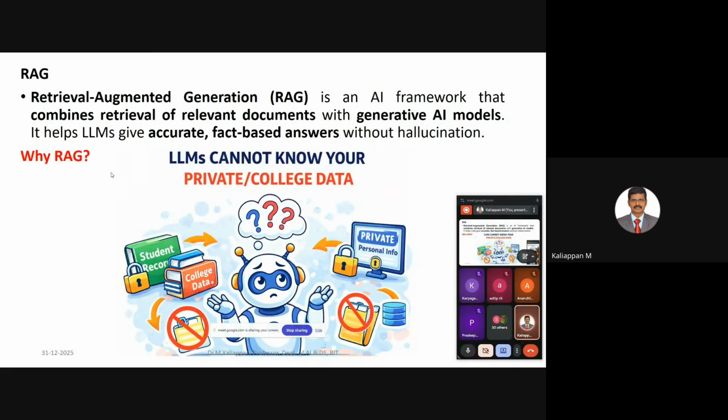Then, an LLM cannot know your private college or personalized data. In general, take any LLM like ChatGPT, it does not have personalized data. So when we make the LLM a personalized LLM, we are using RAG. For example, I'm taking a simple ERP which has student records, college data and some other relevant documents related to the college or university.